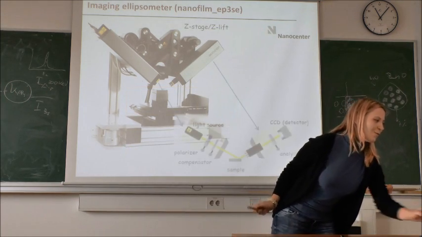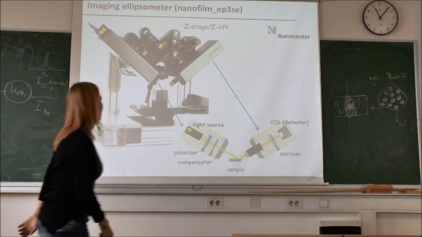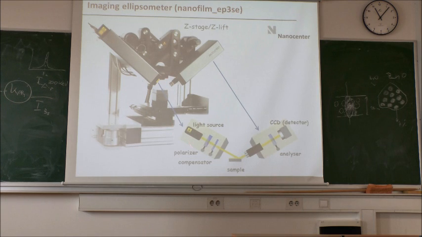It also consists of two ellipsometric arms. Inside of these arms, there is a light source and a set of sensitive optical elements, such as polarizer, compensator, and analyzer. There is also an objective and a CCD camera.